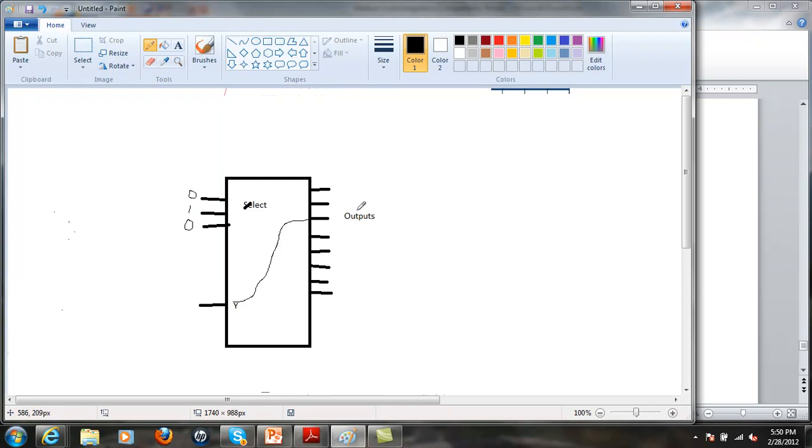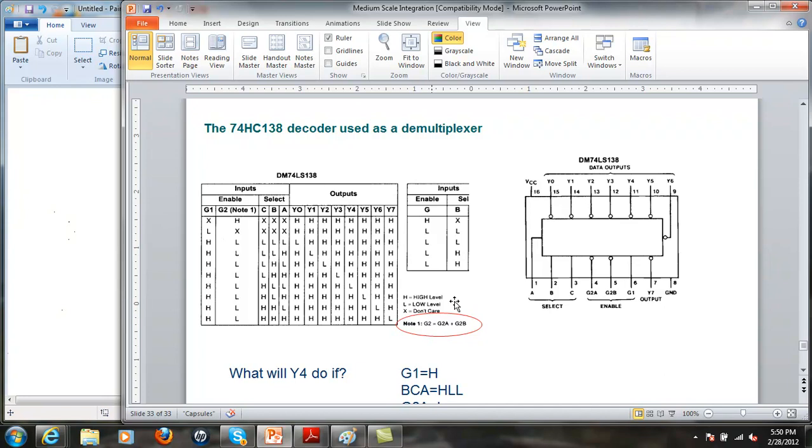So this is just like a decoder, except that instead of using an input, these are my select pins, CBA, so depending on which one of these I select, I get a high output or a low output because it's active low. But if I toggle this between activating the chip and not activating the chip, it will effectively do exactly the same as a demultiplexer.